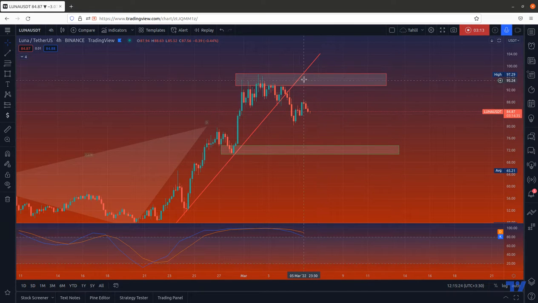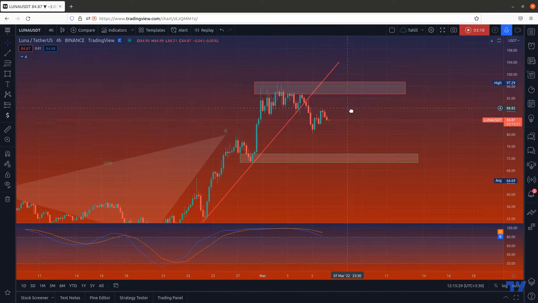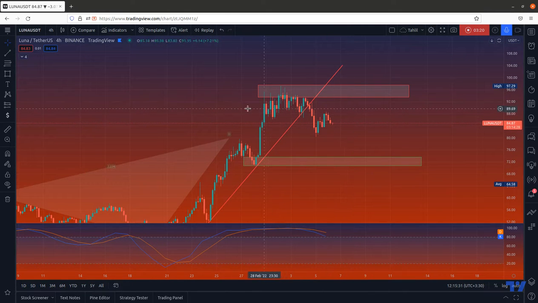You can see this zone is also the confluence between two resistances as always. Therefore, it is a very, very strong resistance area.